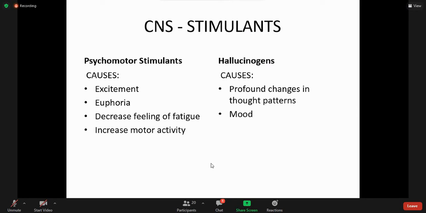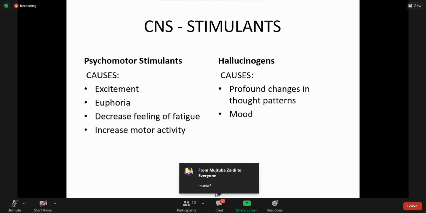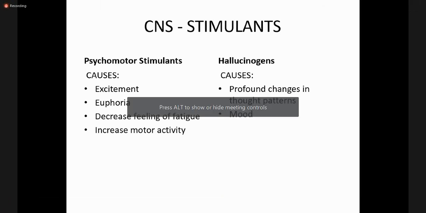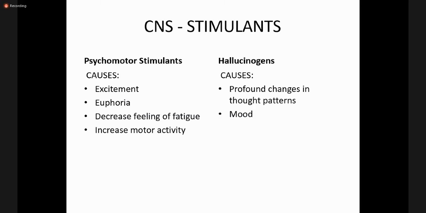So what you can recall and correlate with all these activities: if you are anticipating that this compound or drug is going to produce excitement, euphoria, a feeling of well-being and immense pleasure, the person feeling like I am flying in the air and living in a fantasy, and a decreased feeling of fatigue.